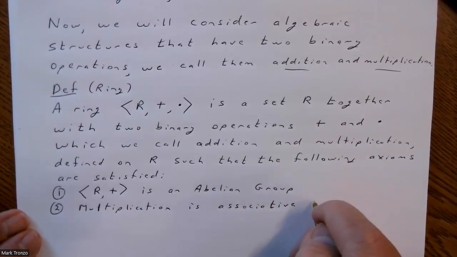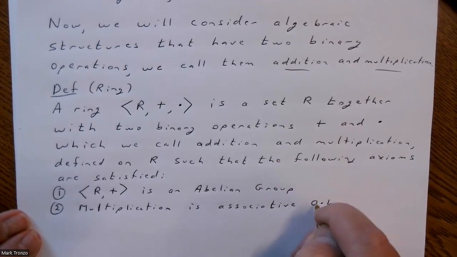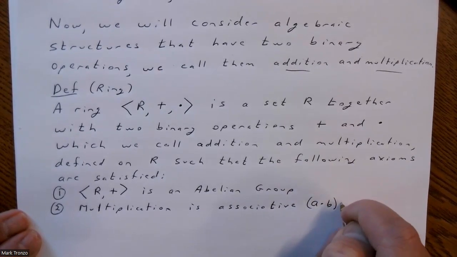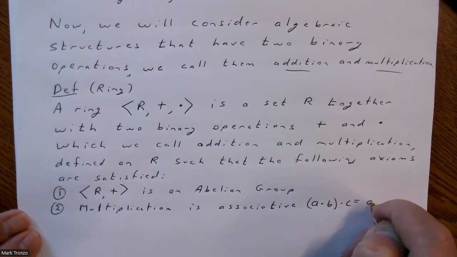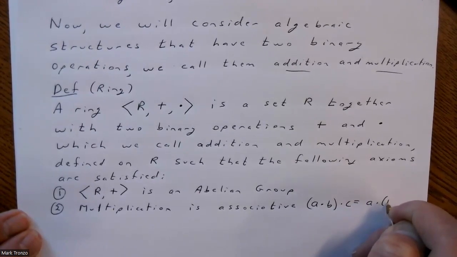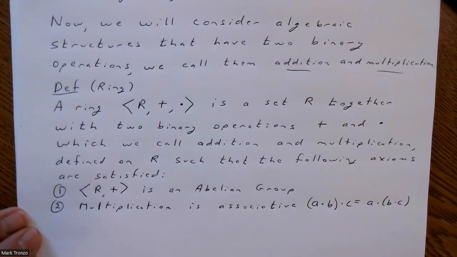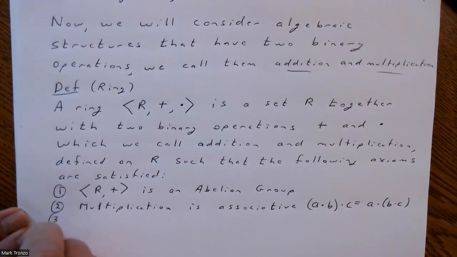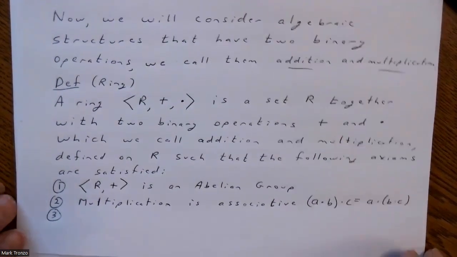So once again, just like we had before, whatever your binary operation is, since we're calling this multiplication now, A dot B, dot C is going to be equal to A dot B dot C. And the one kind of different thing is that the left and right distributive laws hold.